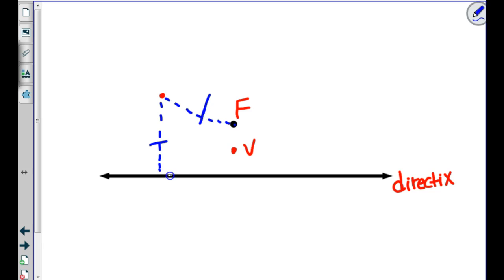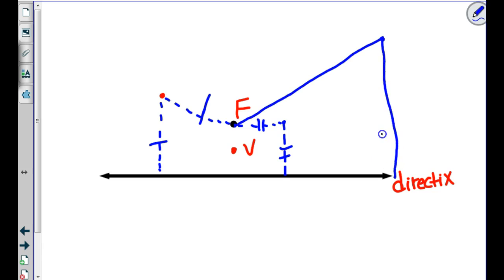Over here somewhere, maybe, there's another point that is the same distance here as it is here. There's another point maybe way out here somewhere that is the same distance here as it is, if that was the perpendicular, down to that directrix, okay?